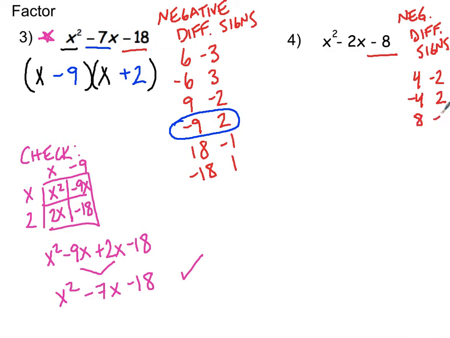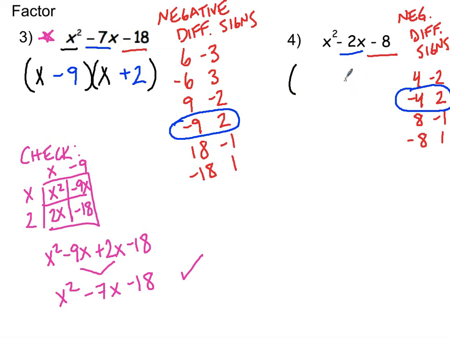I could do an 8 and a negative 1, or a negative 8 and a positive 1. Those are all the things that multiply to negative 8. And now I need to find the one that adds to negative 2. So 4 plus negative 2 would be a positive 2. I want a negative 2. So that would be this one. Negative 4 plus 2 is negative 2.